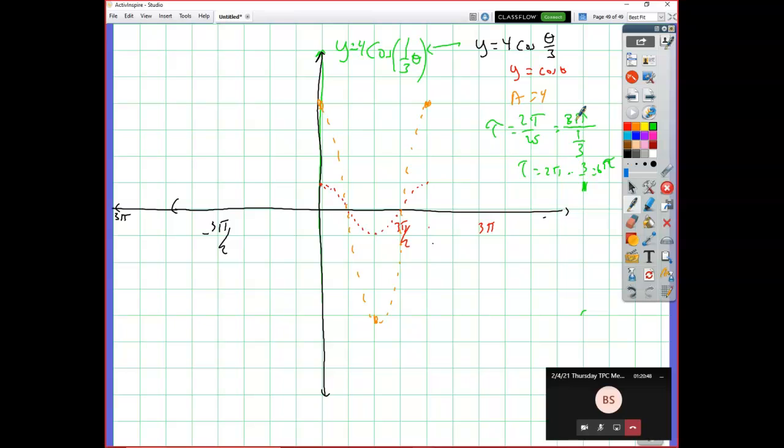Why is it 2 pi over 1/3? Because we're supposed to put the number that's in front of the theta right here, aren't we? What we notice is that we've got theta over 3, and we get a little confused. But if I rewrite that as 1/3 theta, I know what's in front of the theta. It's 1/3. And the 2 pi is always there. I shouldn't say that. For sine and cosine, it's always there.